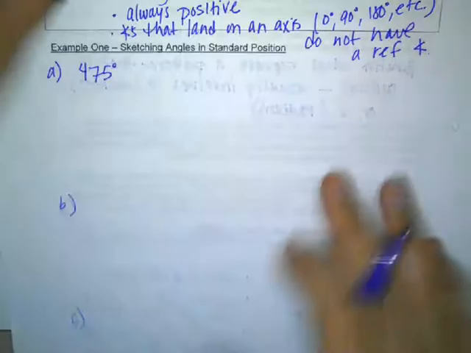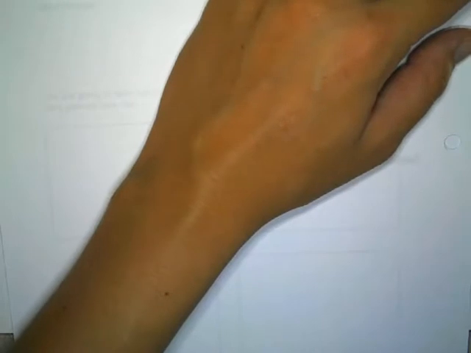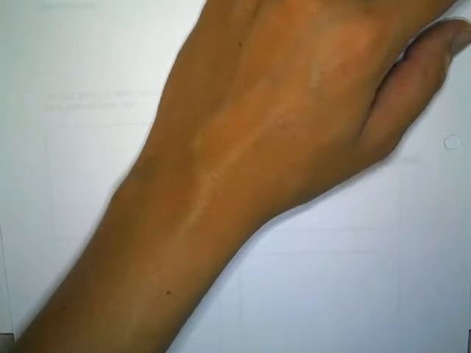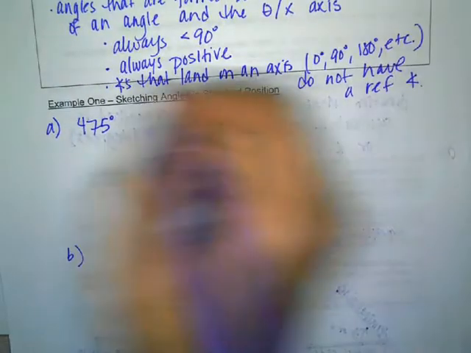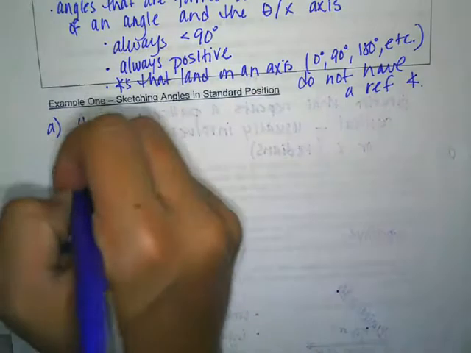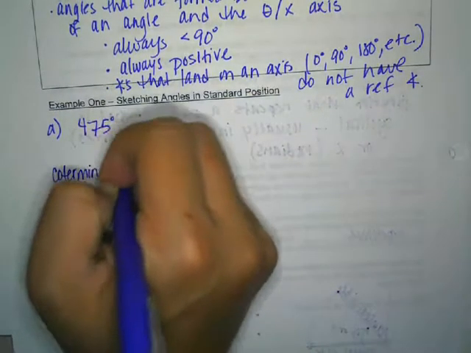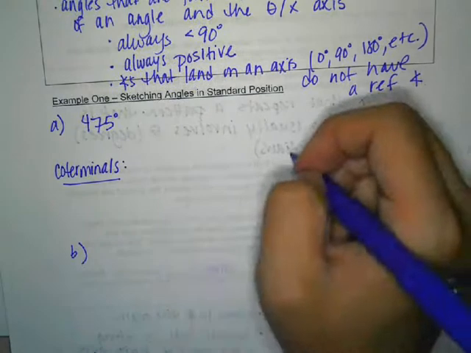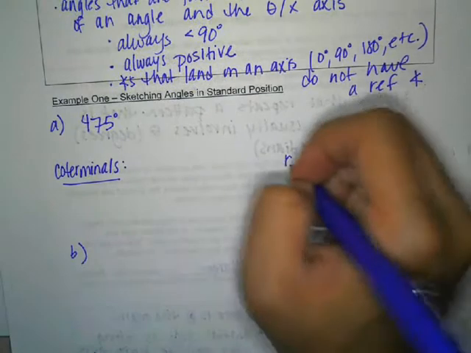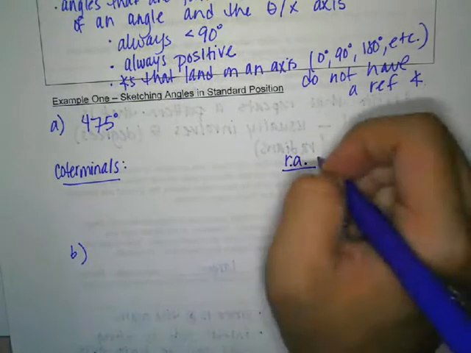Because I believe the standard, you need to be able to draw an angle in standard position, and then you need to be able to convert between radians and degrees, and you also need to find and define reference angles and coterminals. So we're going to do a couple of things here. We're going to sketch it first, then we're going to find the coterminals, and then we're going to find the reference angle.